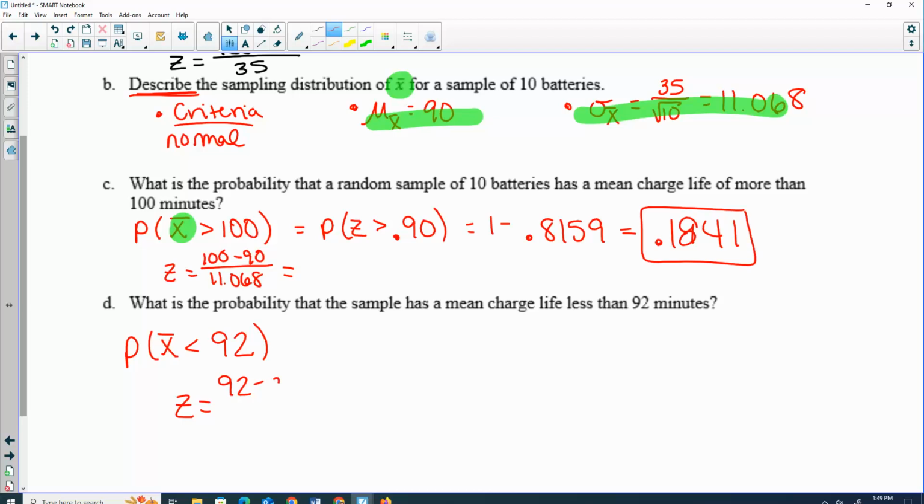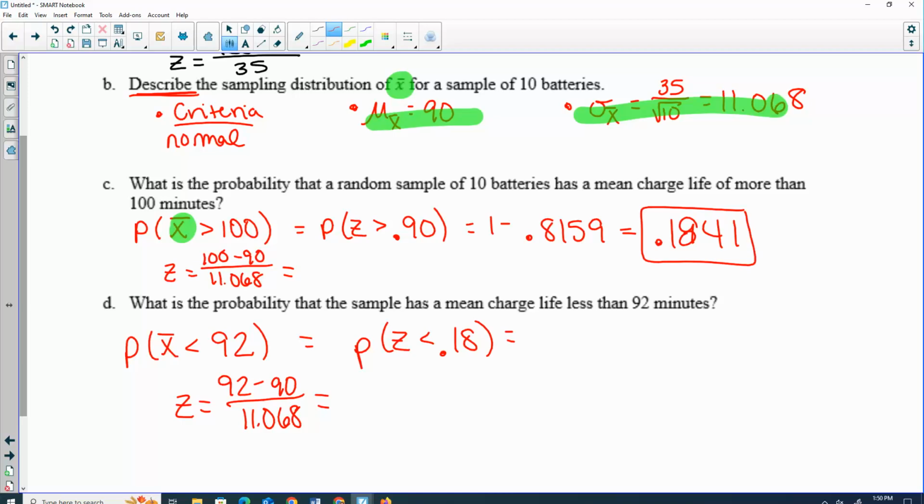The mean was so that's the probability that z is less than 0.18. Less than is what our table gives us.